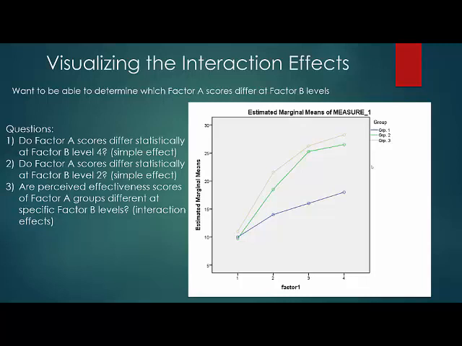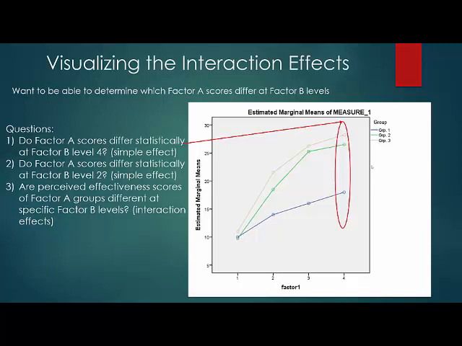I have a few example questions here. For example, do factor A scores differ significantly at factor B level 4? This would be looking at a simple effect. Within each of the given levels of factor B, are these 3 group scores similar or different? Just visually inspecting, it looks like teachers and coaches have pretty similar scores, whereas administrator scores look significantly lower.